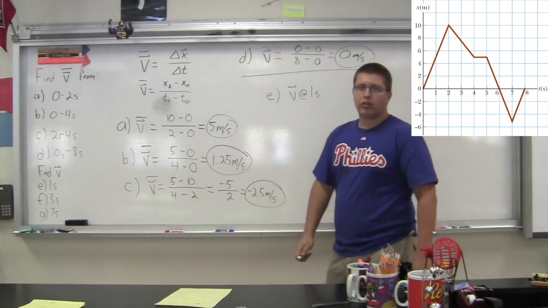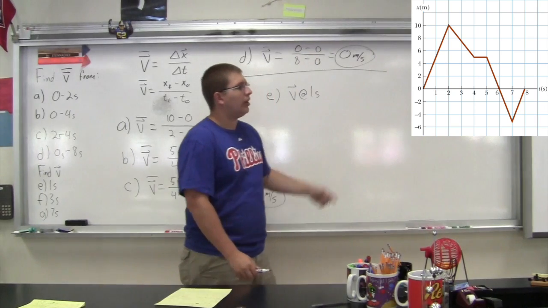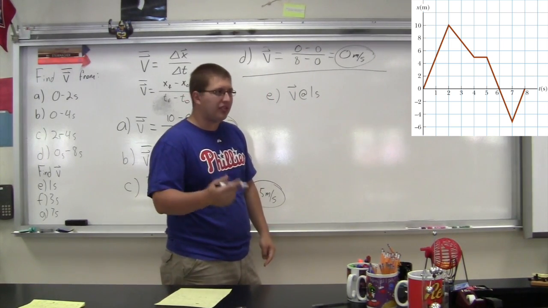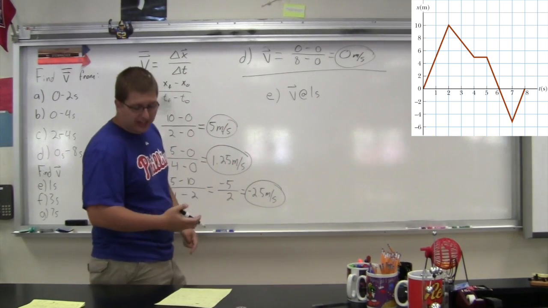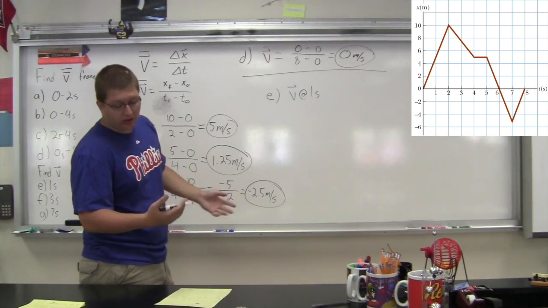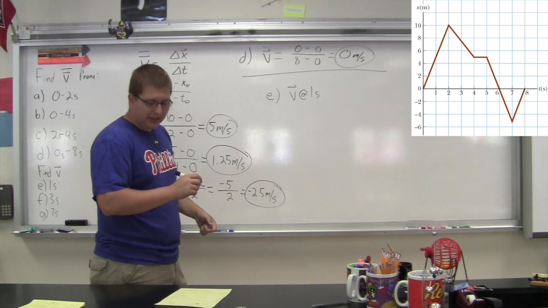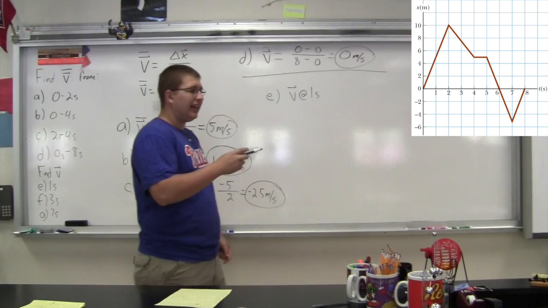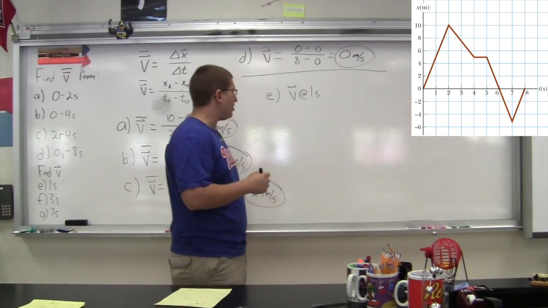All we're going to do is look at the graph and find the slope of the line where t equals 1 second. The line is from t equals 0 to t equals 2, and x equals 0 to x equals 10.